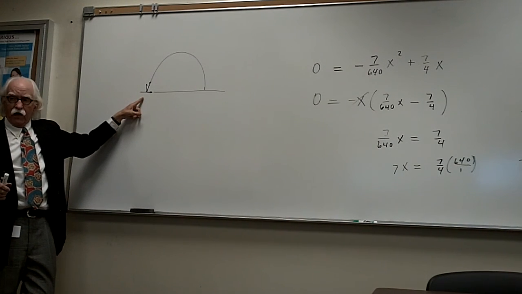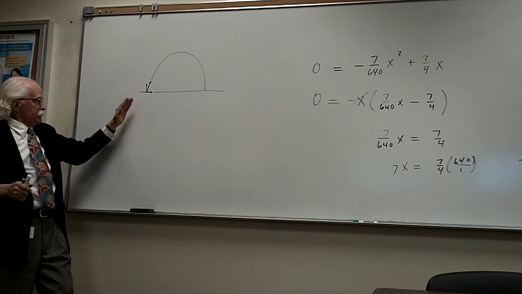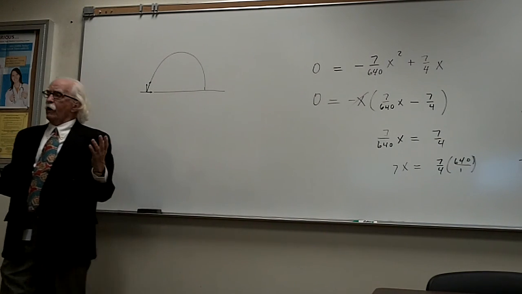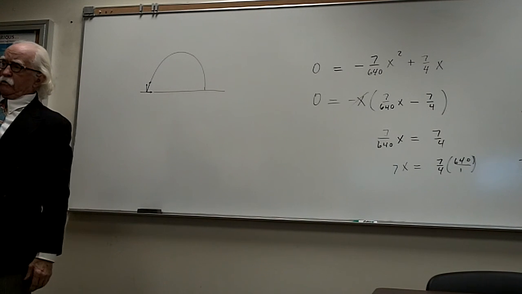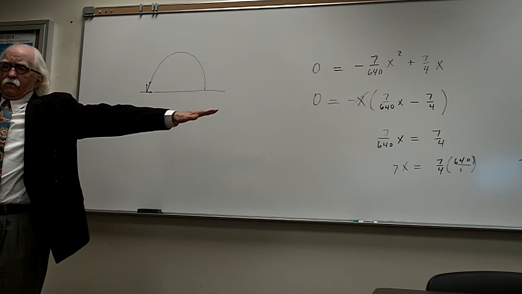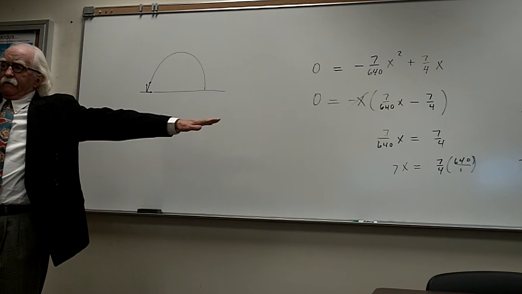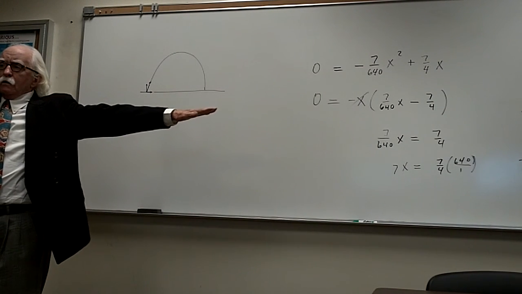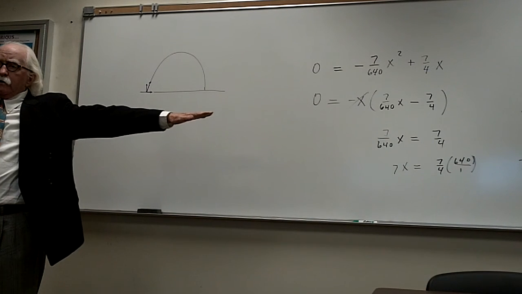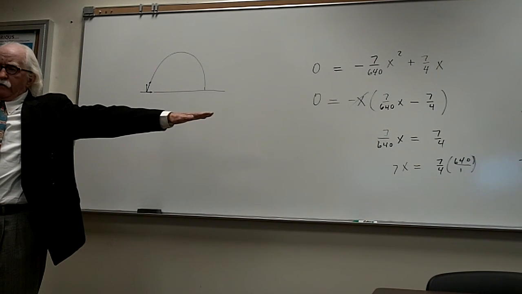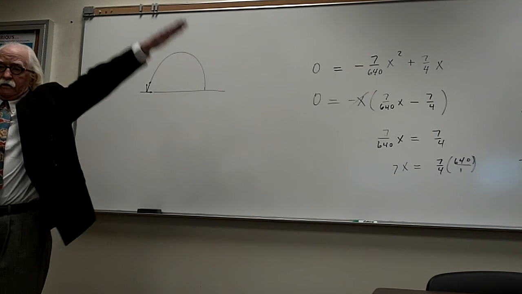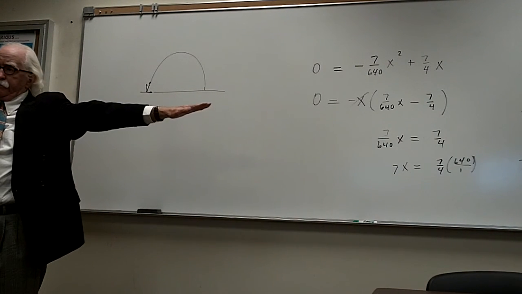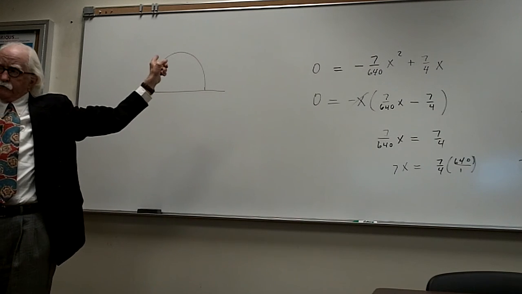If you're shooting something across like this, it has two components, a vertical component and a horizontal component. Their resultant is here, something in between these two. And that's where this comes from.